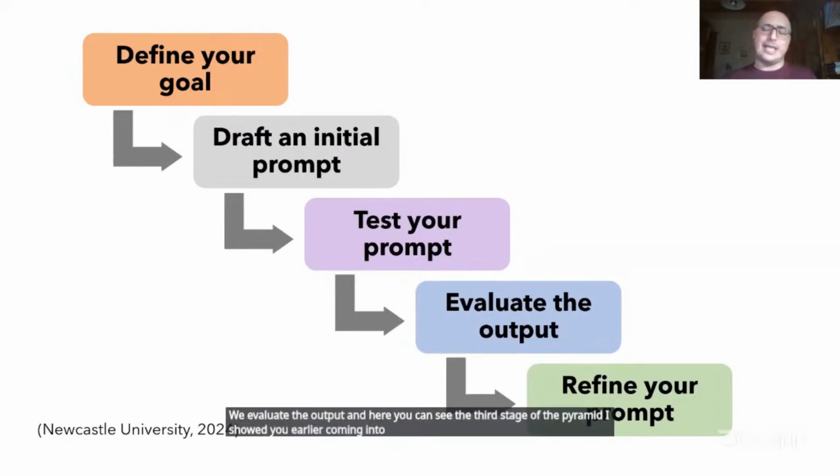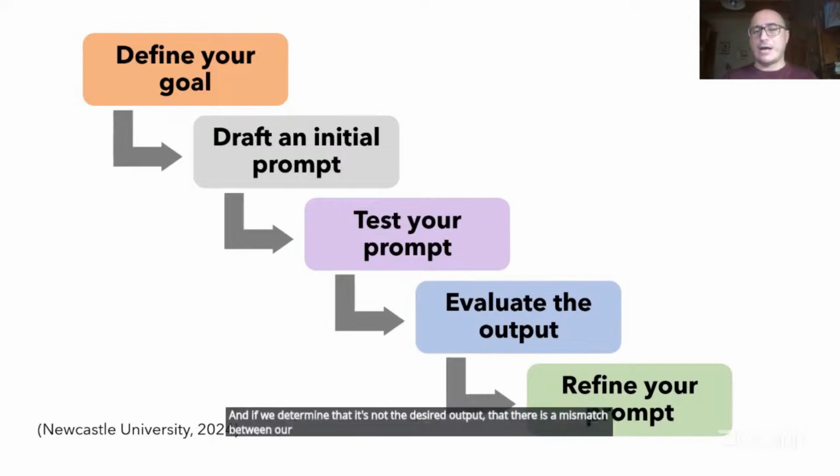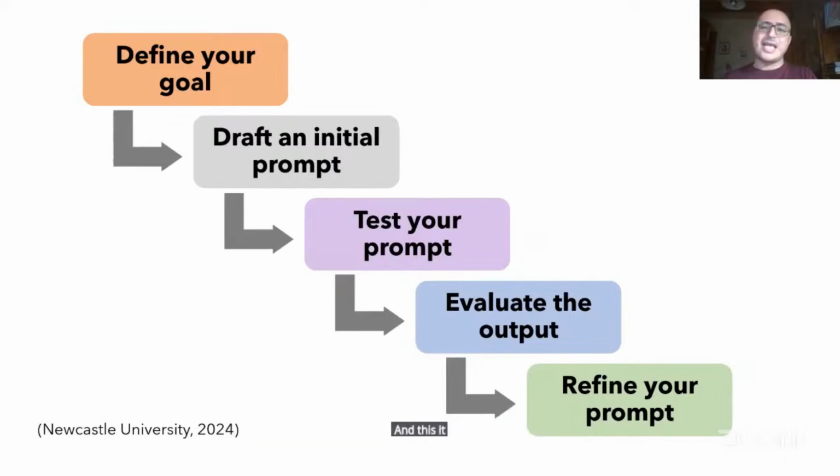We evaluate the output, and if we determine that it's not the desired output, that there is a mismatch between our goal and the output, then we need to refine the prompt further. And this iterative process is highly important when interacting with Gen AI.